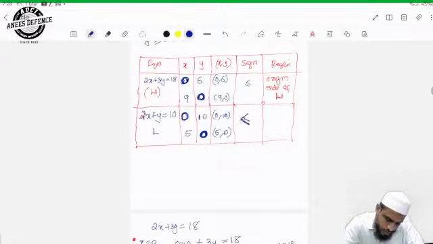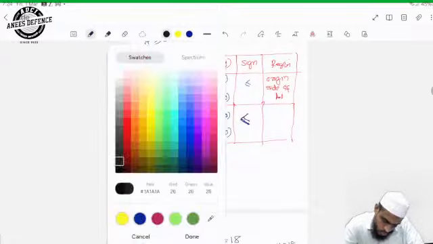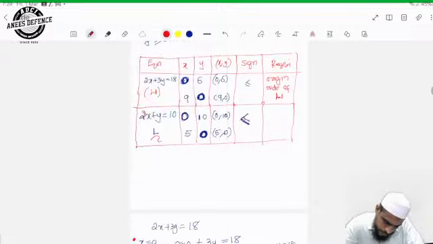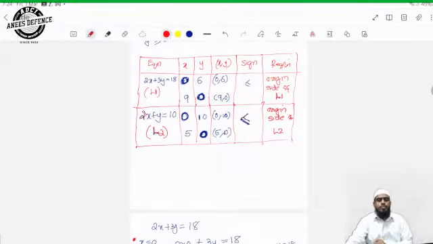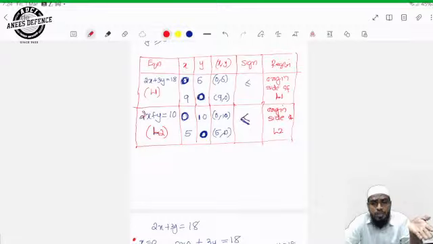Therefore, we are getting the origin side of L2. So the solution for these two constraints is, first, the origin side of L1 and the other is the origin side of L2.